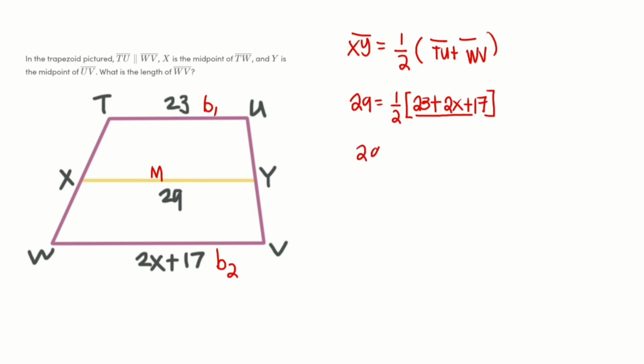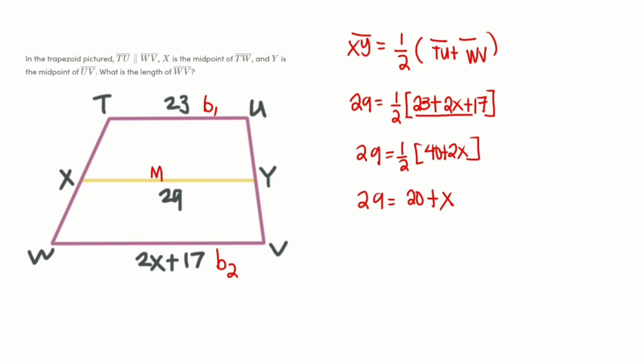We have 29 is equal to 1/2 multiply to 40 plus 2x. Next, we are going to multiply 1/2 to 40 plus 2x. We have 29 is equal to 1/2 of 40, that is 20, plus 1/2 of 2x, that is x.